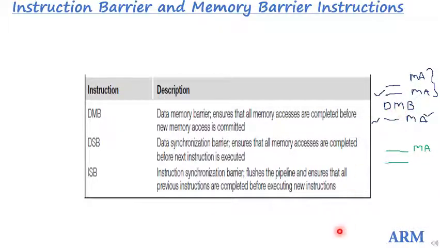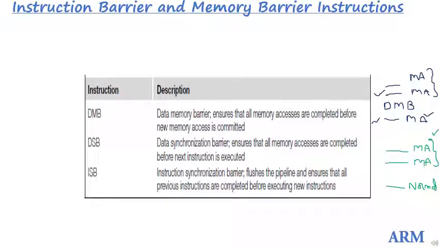Now for DSB, the scenario is that the first two instructions are memory access instructions and the third instruction is a normal instruction. Normal instruction means it could be any data transfer instruction or data processing instruction, anything, not a memory access instruction. So in that case, this normal instruction requires the first two memory access instructions to be completed.